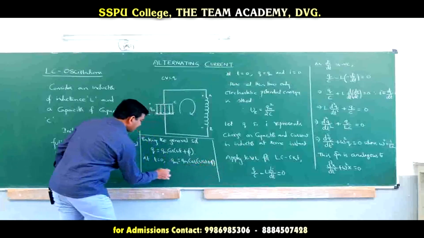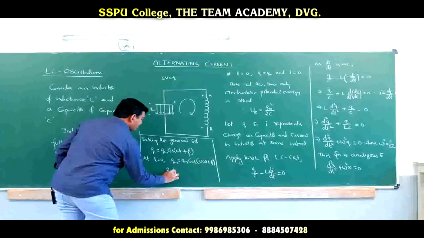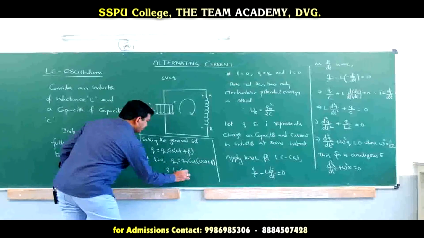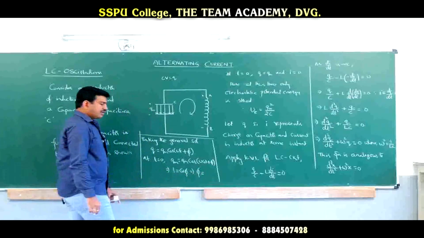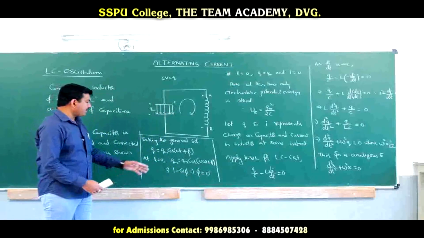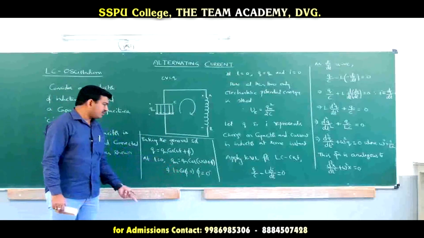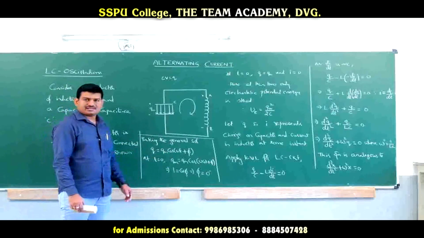This implies qm will cancel, this term becomes 0, cos phi is equal to 1. Cos phi is equal to 1 implies phi is equal to how much? The phase angle is equal to 0 degrees. Therefore, I can directly write q is equal to qm into cos omega t. Is it clear or not?